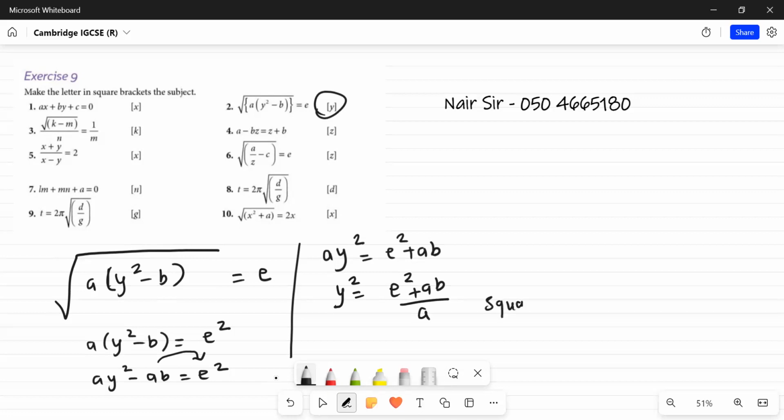Square root. So what do I get? I am getting y is equal to plus or minus root of e square plus ab upon a. That's my answer.